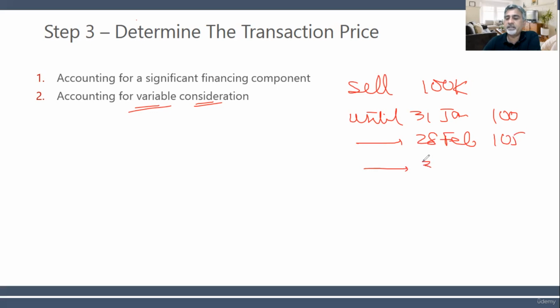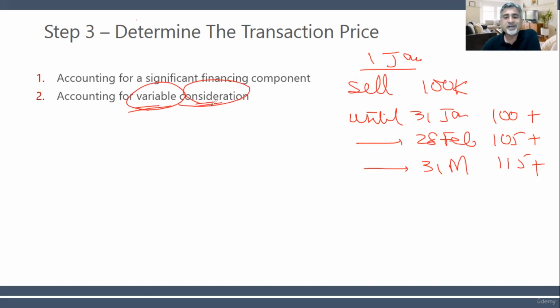If you pay me until 31st of March, which means 3 months credit, because I'm selling on 1st of January, I'll take 115. So now there are 3 possibilities. At the time of sale, if you pay me today, or take 30 days credit, you give 100K. You want 60 days credit, 2 months, you pay 105. Or you pay after 31st March, it is 115. So actually the consideration, the price, is changing.